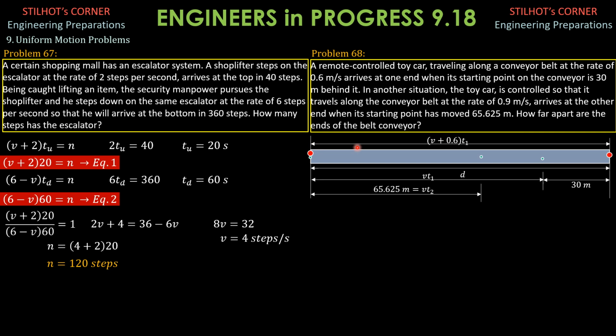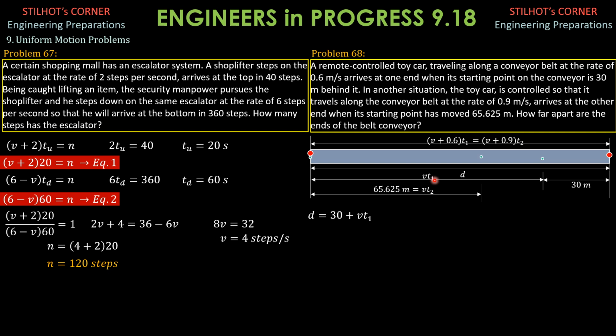And this distance is the speed of the conveyor belt plus the speed of the toy car times T2. So that's why the toy car has reached the other end. So that's why we equate this distance here as V plus 0.9 times T2. So D equals 30 plus VT1 from this figure here, 30 meters plus VT1.